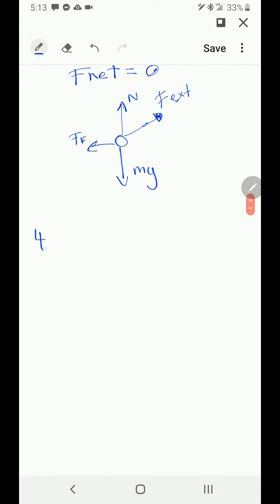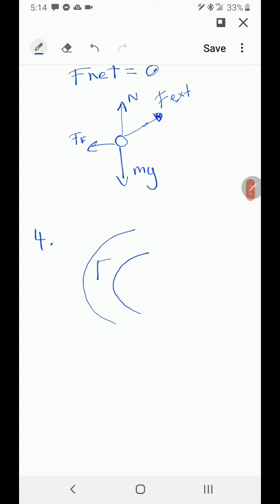Going to the next question that I got wrong. It presented us with the idea of a car going around a circular curve. So I'm just going to draw that.